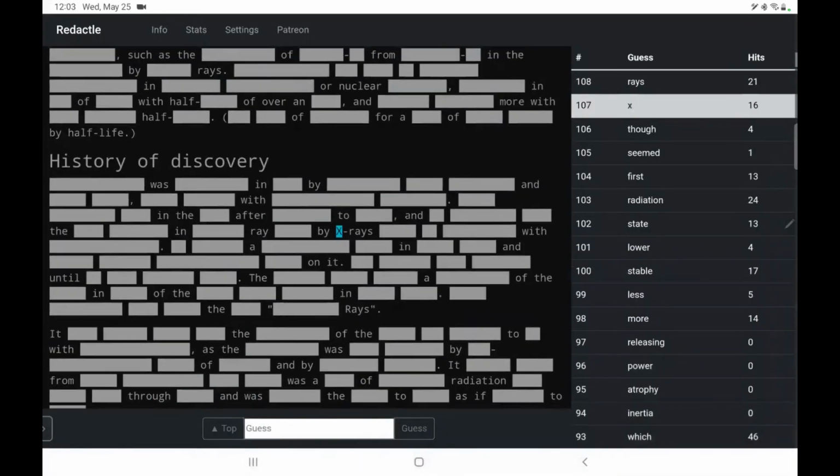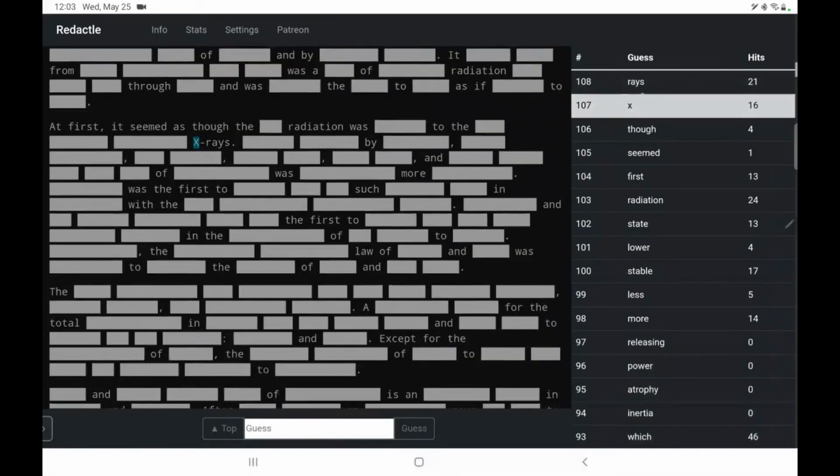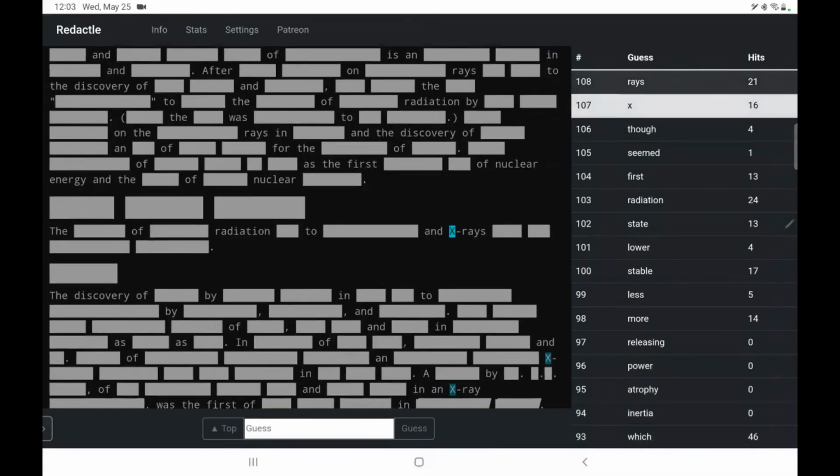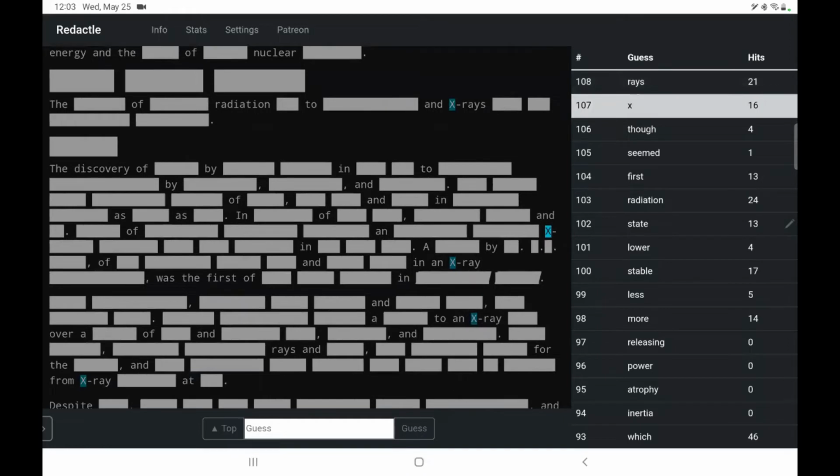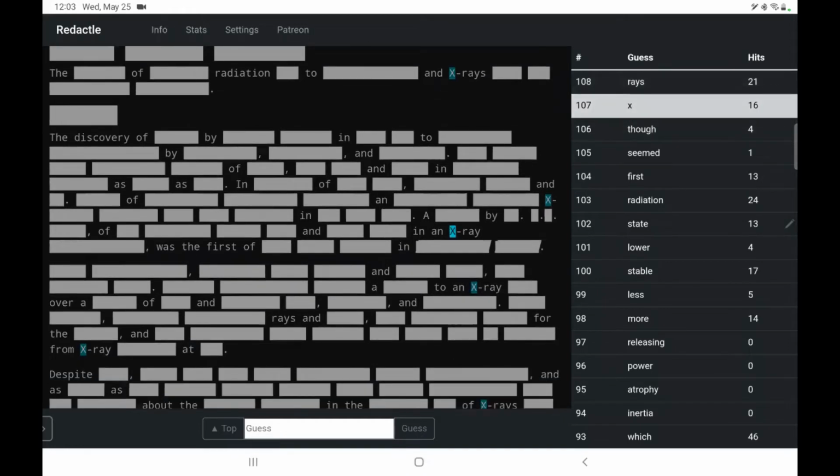Let's go look at these X's. The something of something radiated to something and X-rays. There's another X dash there that is not followed by ray or rays.